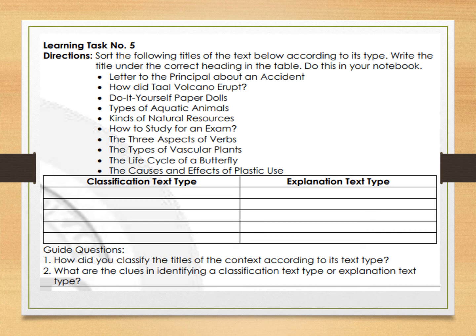Let's move on now to learning task number 5. Directions: sort the following titles of the text below according to its type. Write the title under the correct heading in the table. Do this in your notebook.